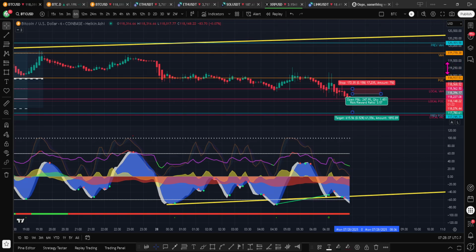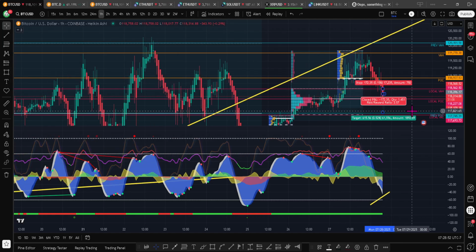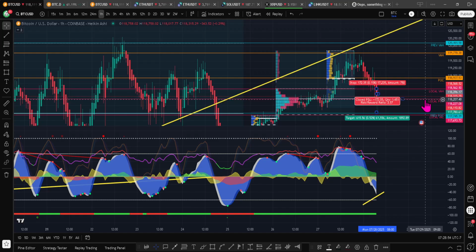If you're uncomfortable with that level, which I would be, actually I'm going to come over here and clear it. I don't like that level myself for a new bounce. Actually, I do like it for a small bounce before we come back up to local point of control and then we continue down.